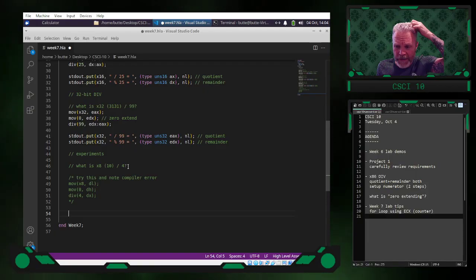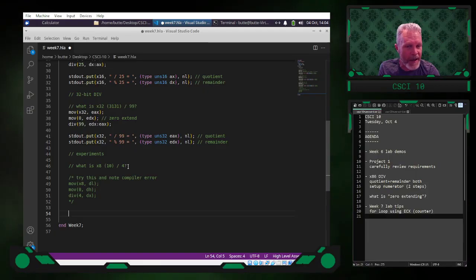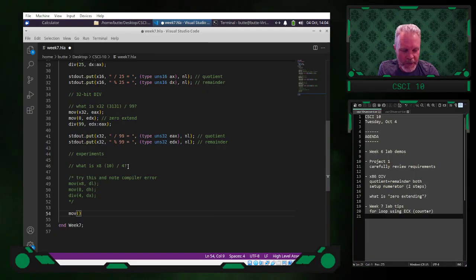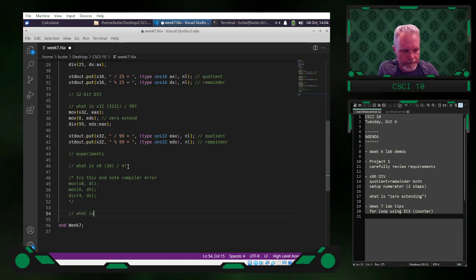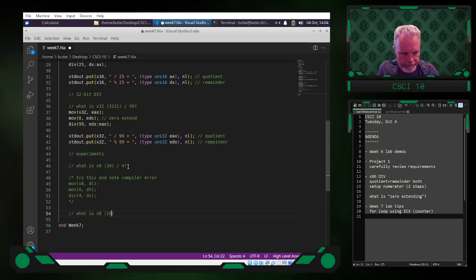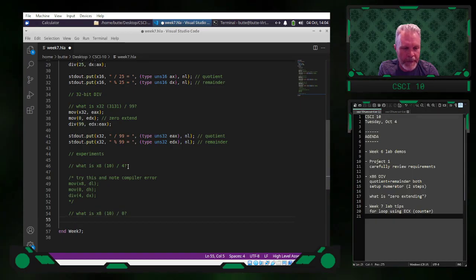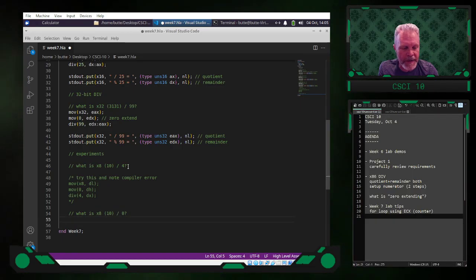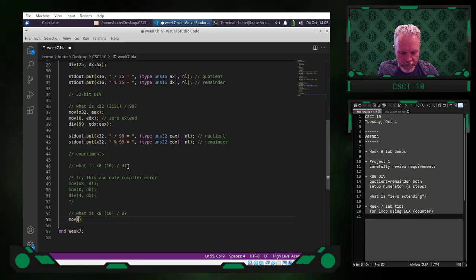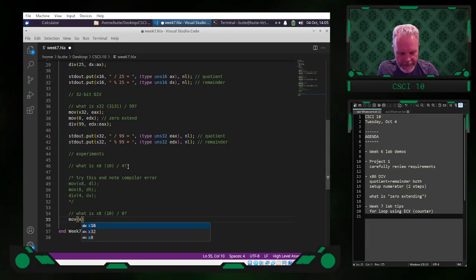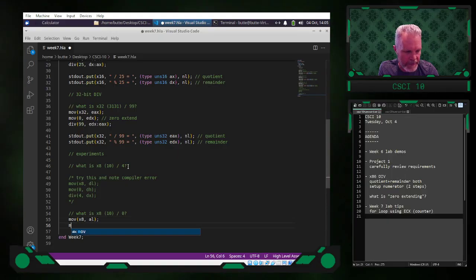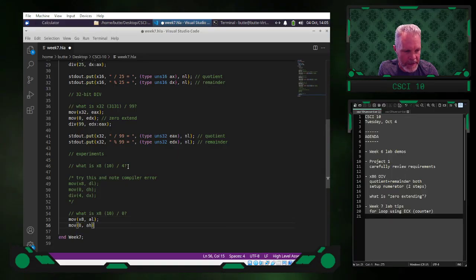Okay, so there's one. Let's try to divide by 0 just to see how that would work. So we'll do a correct setup. And let's just see what happens if we try to divide by 0. So x8 to AL has to be, zero extend AH has to be.